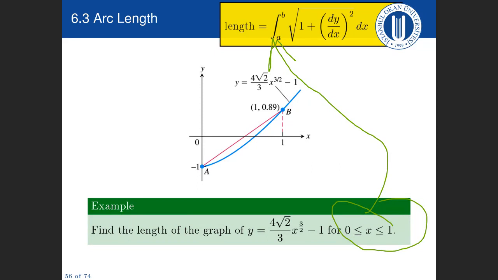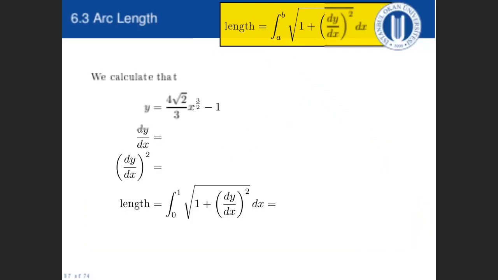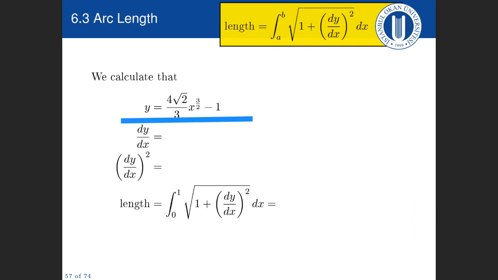And we're told our y. We're going to differentiate this to get dy dx. I'm going to square it, and then I'm going to stick that into the formula. Integral from 0 to 1, square root of 1 plus dy dx squared dx.